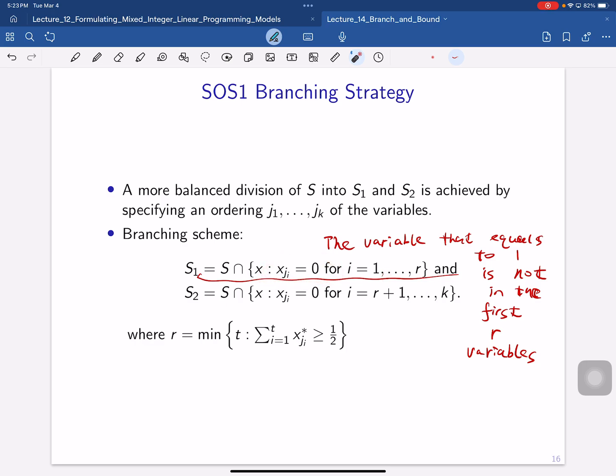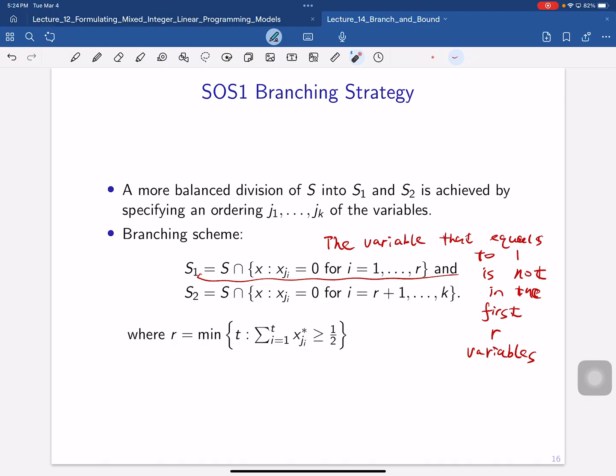Right? i is from 1 to R. And the second set is setting all the variables from R plus 1 to K equal to 0. So this set is saying basically the variable that equals 1 is in the first R variables. It sets the rest of the variables to 0.